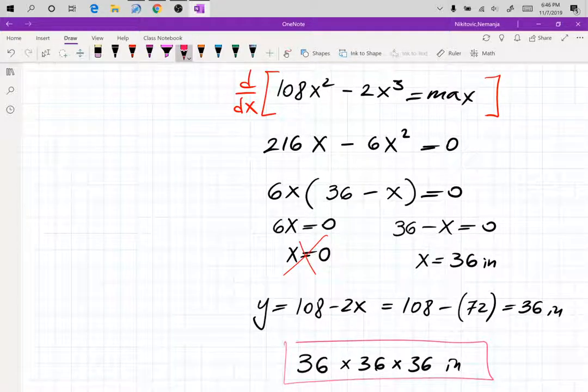You bring the cube, and you are guaranteed, for whatever restriction you have, it's going to be maximum volume inside.